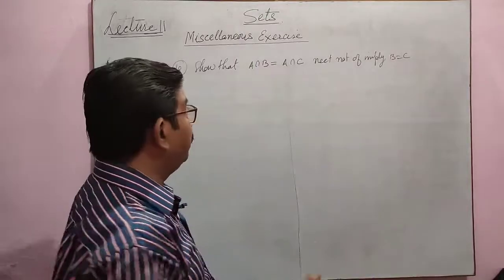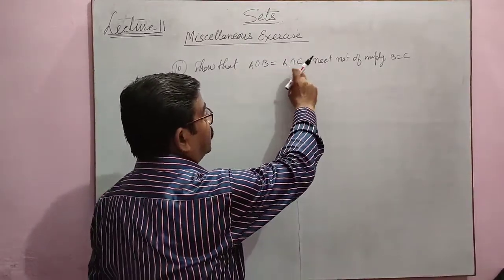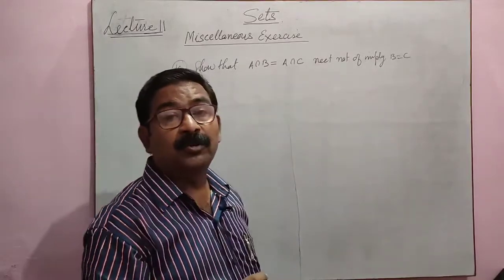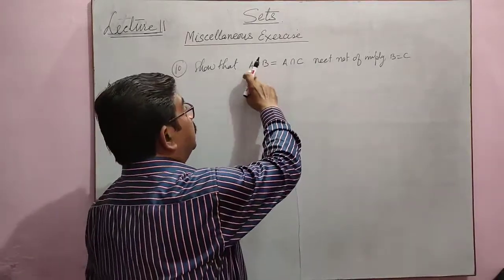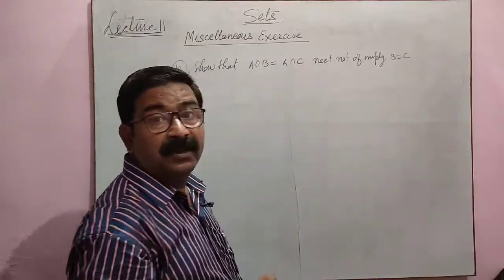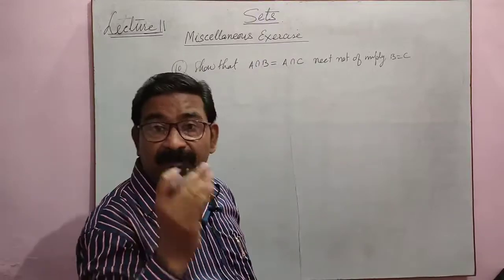Means if we have A intersection B equal to A intersection C, still B is not equal to C. We have to show it. Means common elements in A and B and common elements in A and C, still B is not equal to C.